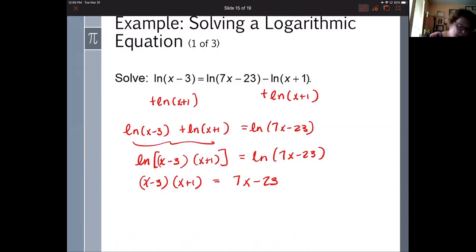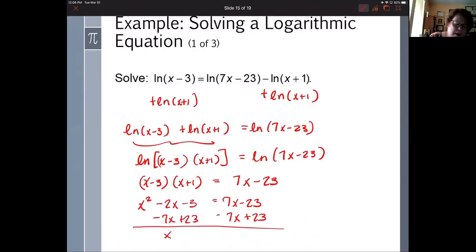I'm going to FOIL the left-hand side. That's going to be x squared minus 2x minus 3. I'm doing my outside and inside in my head. And that's equal to 7x minus 23. Subtract the 7x from both sides, add the 23 to both sides.